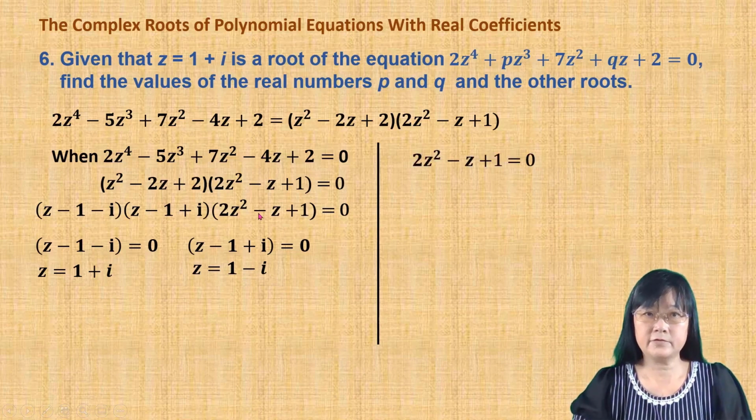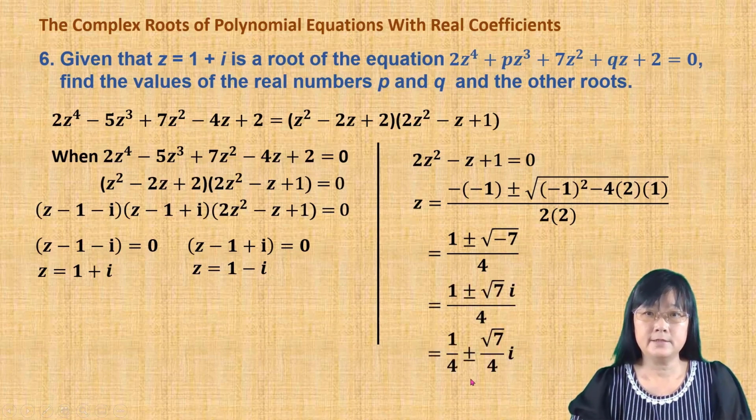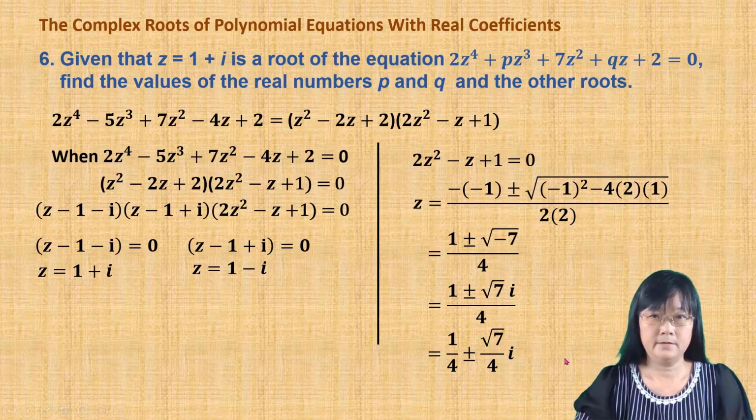Then for this quadratic factor, we find that it cannot be factorized. So to find the value of z, now I use the formula. When I substitute the values into the formula and simplify, I find that z is equal to 1 over 4 plus minus square root of 7 over 4 i.